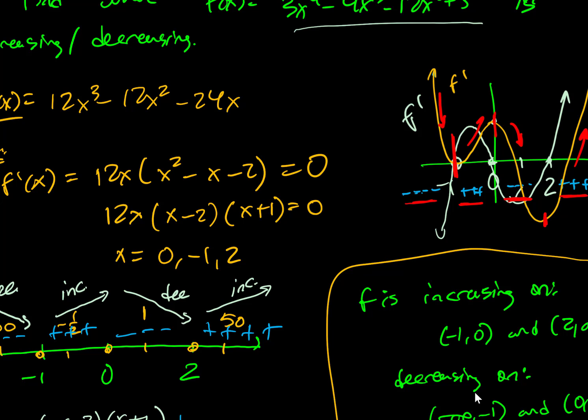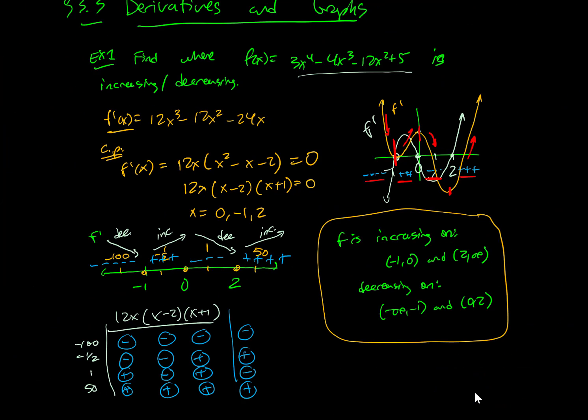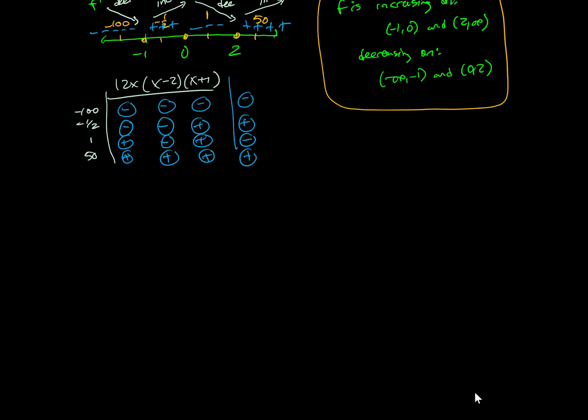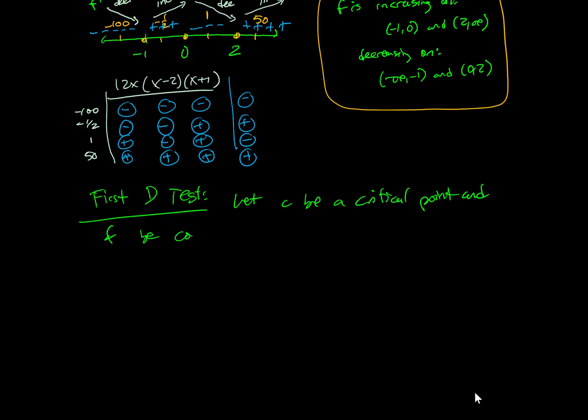Okay, so with this, we have one more thing we can add to it, and that's called the first derivative test. And I think it makes sense. So what we're saying is, let's let C be a critical point, and f be continuous. We've kind of assumed that we're dealing with continuous functions for the most part. We don't want asymptotes or jumps like that.